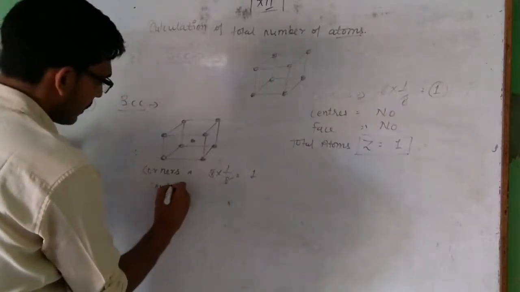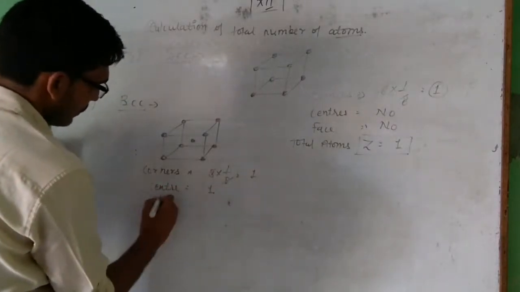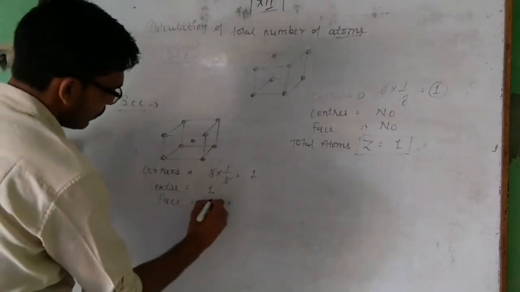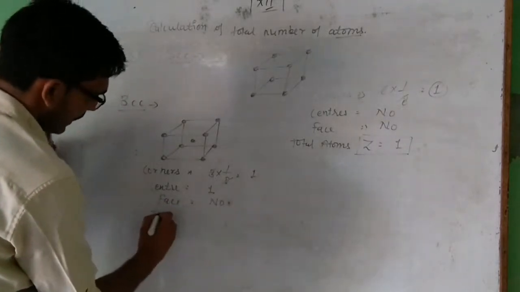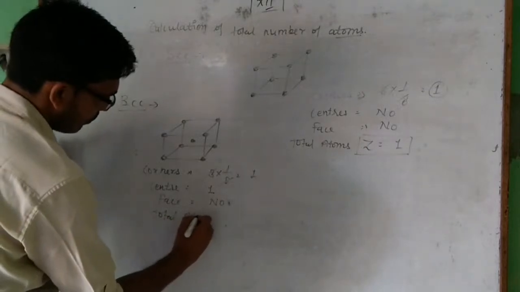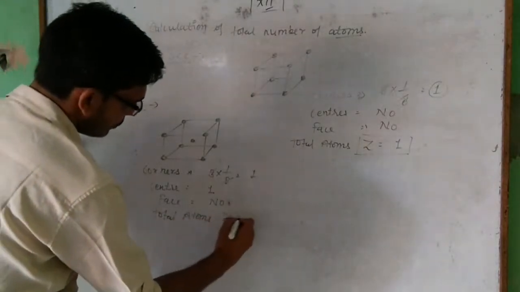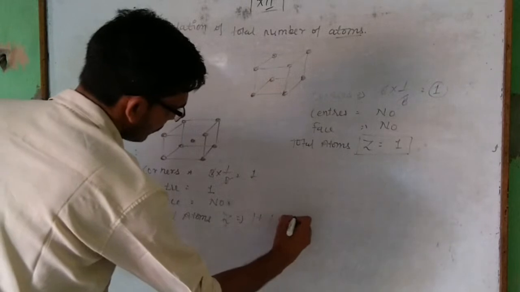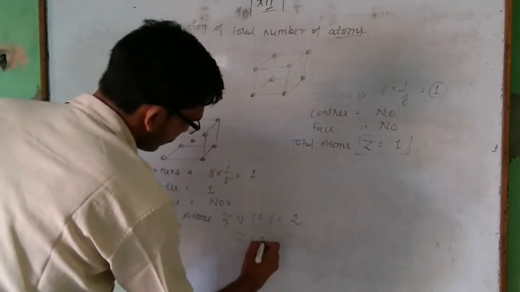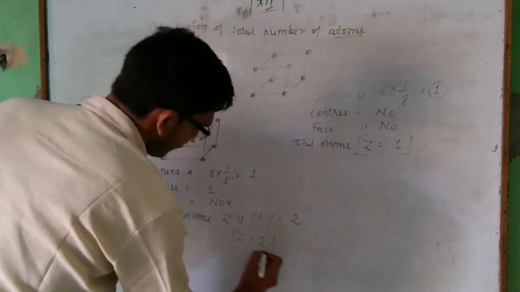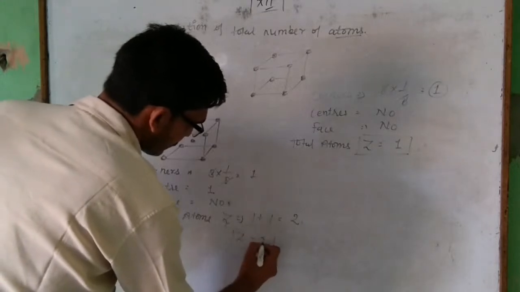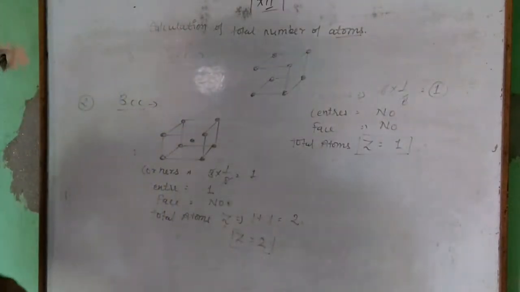Center equals 1. Face equals no. So total atoms Z equals 1 plus 1 equals 2. So Z equals 2. In BCC, the total atoms present is 2.